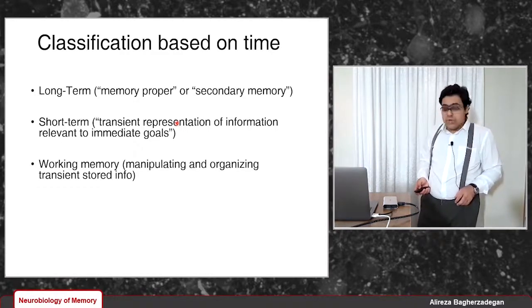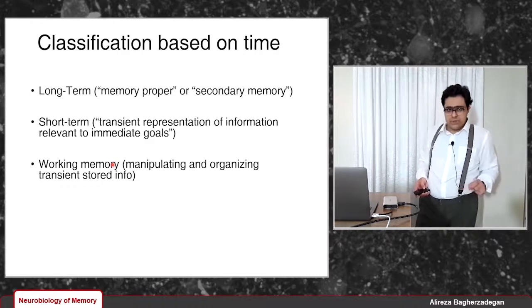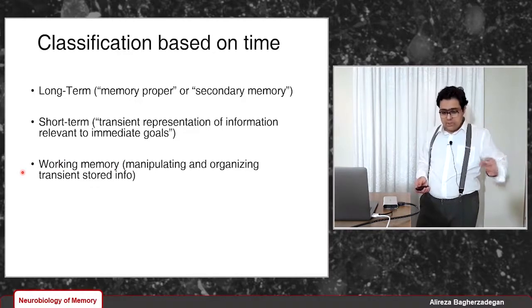We have working memory. Working memory is somewhat like short-term memory, but in working memory, you're allowed to manipulate and organize the temporarily stored information. It's very important for other cognitive faculties and abilities.